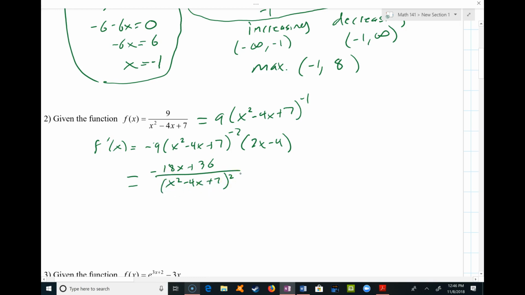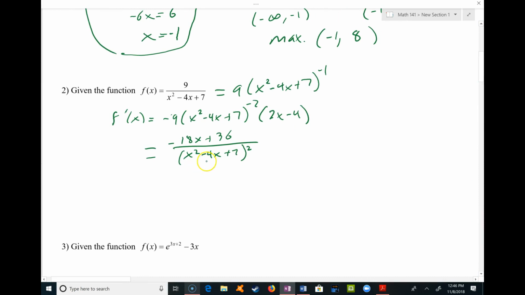So the first derivative test, I'm looking for what makes the derivative undefined or 0. Will something make it undefined? So the question is, does that have any roots? If I take the x squared minus 4x plus 7, set it equal to 0 and try to solve it, I find out the solutions are imaginary, so that means this bottom can't be made equal to 0.